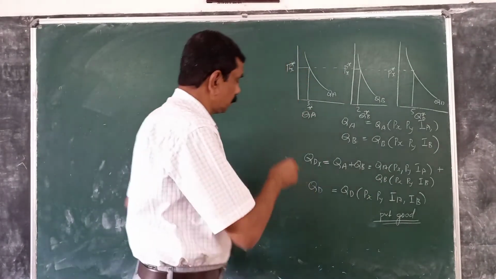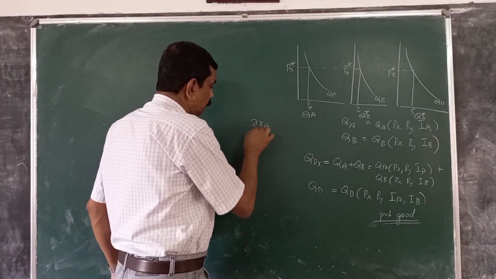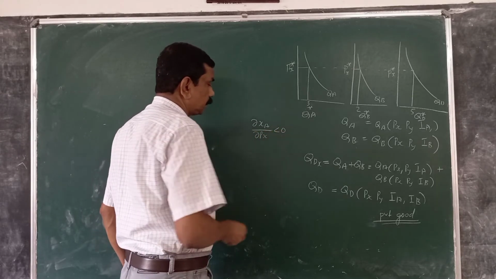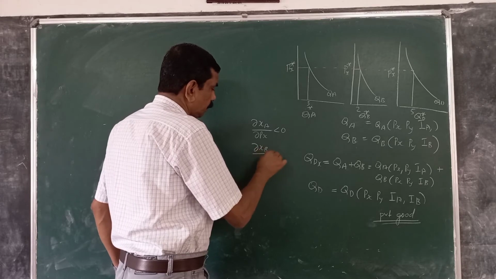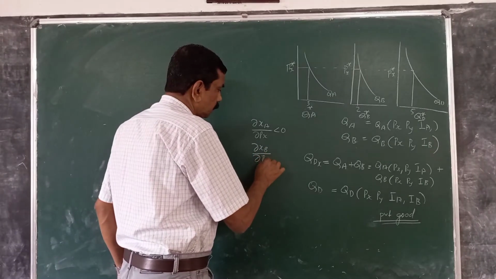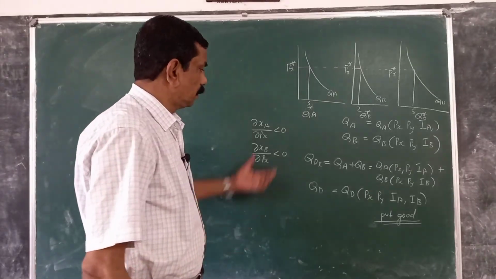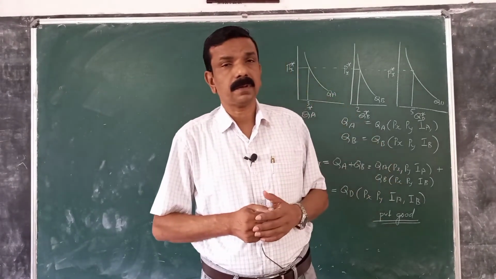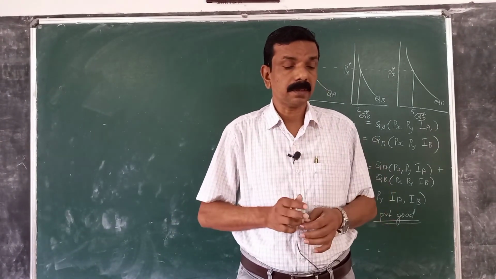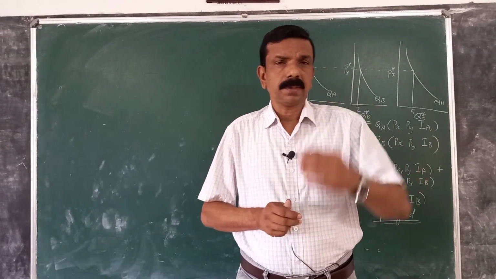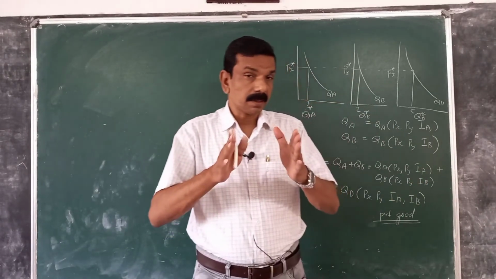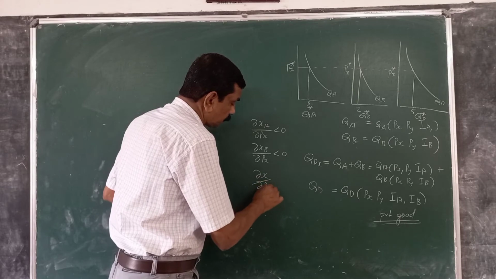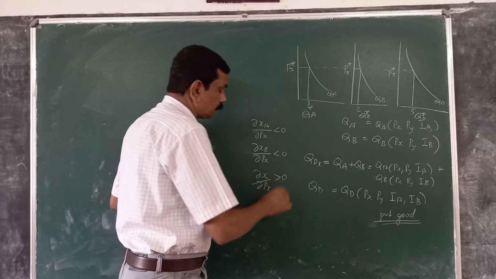So, we assume that dou XA by dou Px is less than 0. Similarly, dou XB by dou Px is less than 0. That is, there is an inverse relationship between price and quantity demanded for consumer A and also for consumer B. It is possible that for some consumers, this dou X by dou Px may be greater than 0.